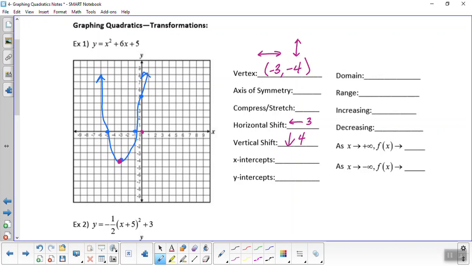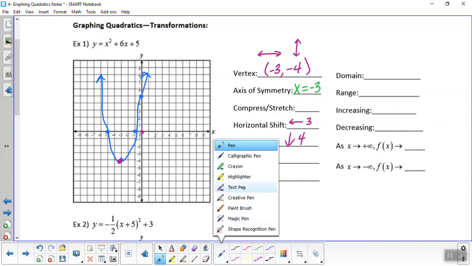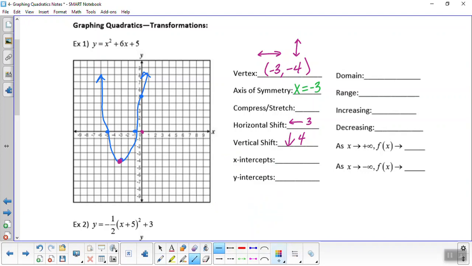Axis of symmetry is something new, and it occurs at x equals whatever the x value of our vertex is. So x equals -3 in this case. And we can see that where x equals -3, if I was to draw this dashed line, our graph is symmetrical on each side.